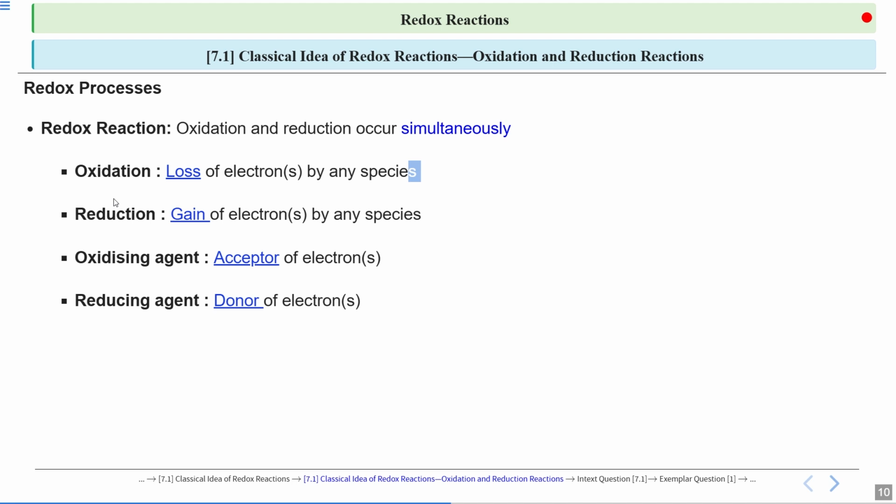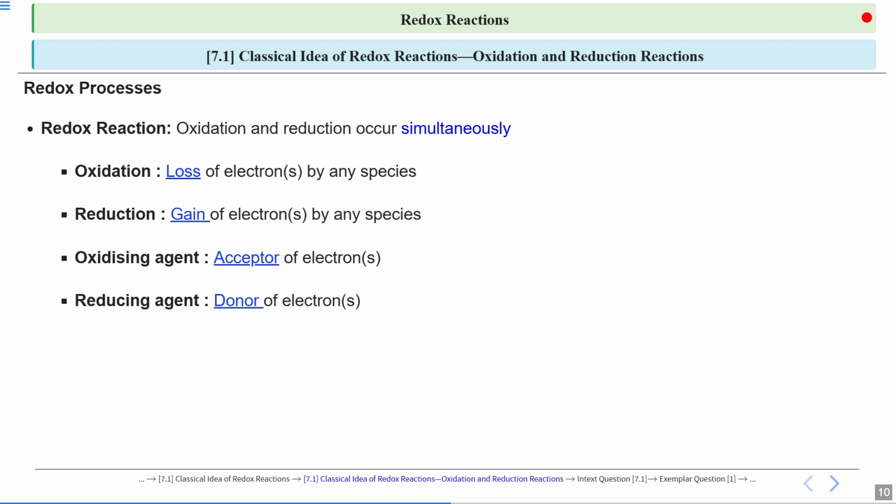Now you will have two species, in which one would be considered as the oxidized one and the other would be considered as the reduced one, which would have gained the electron. So the particular element or compound which has been oxidized would always be considered as the reducing agent, and the compound which has been reduced will always be considered as the oxidizing agent.